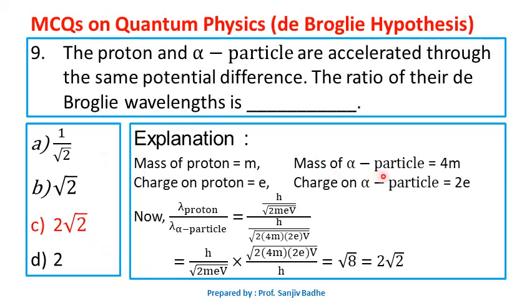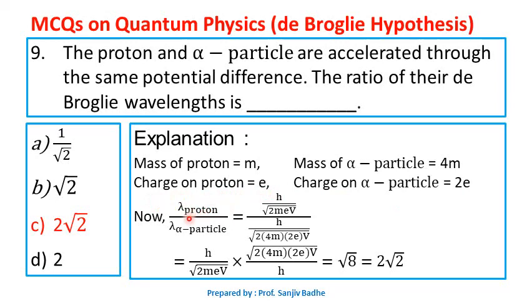Alpha particle is made up of 2 protons and 2 neutrons. So mass of the alpha particle is approximately 4 times the mass of proton. If we write mass of proton as m, mass of alpha particle will be equal to 4m. Because of 2 protons, charge on alpha particle is equal to 2e. We can write charge on proton to be equal to e.